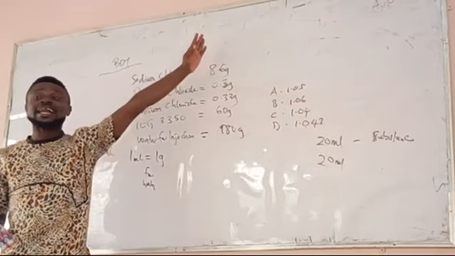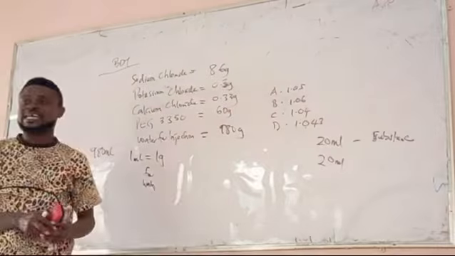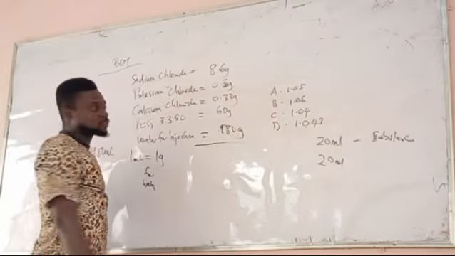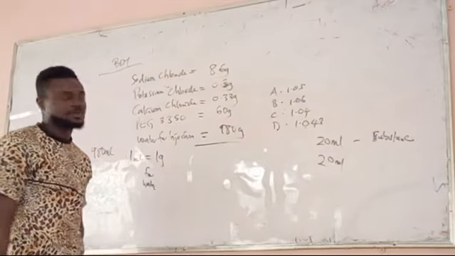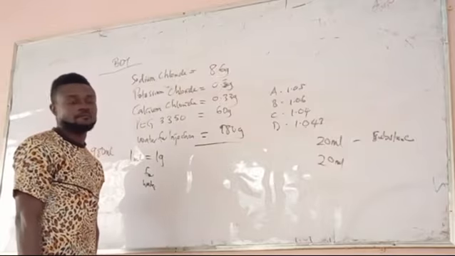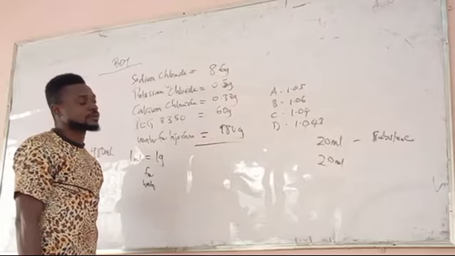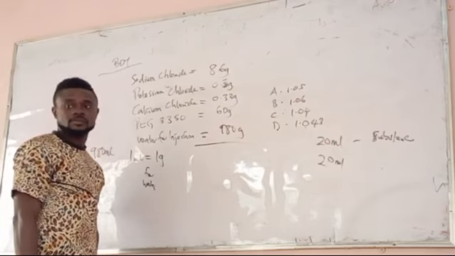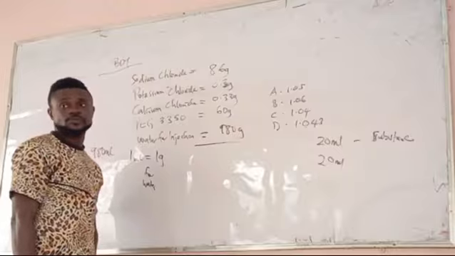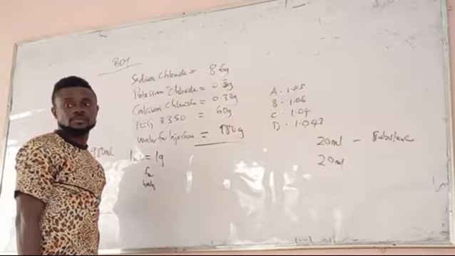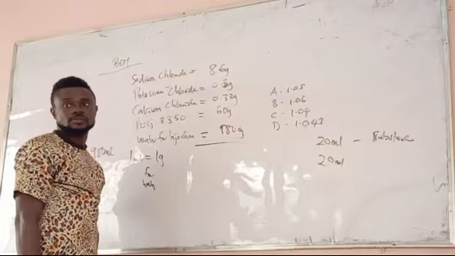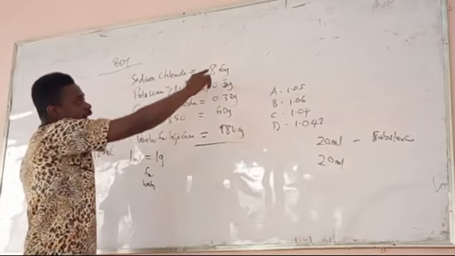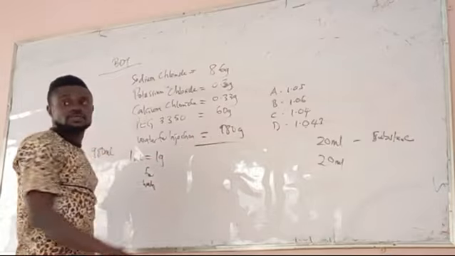So we now calculate the entire weight of the Ringer's lactate, Ringer's irrigation. Add it up. Everything is 8.6 plus 0.3. You add 982 because we add everything.